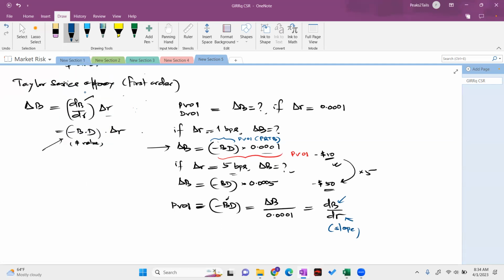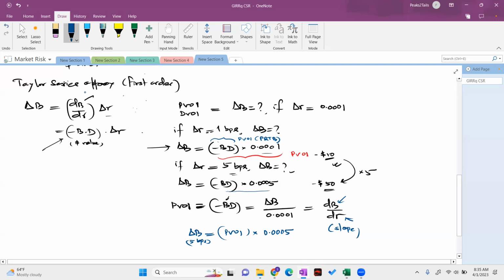Now, the only thing is, if you want to calculate delta B, you need to do PV01 times, say, for 5 basis points. You won't multiply 5, you will multiply 0.0005. That's all. Take a minute to digest this and let me know if you have any questions.